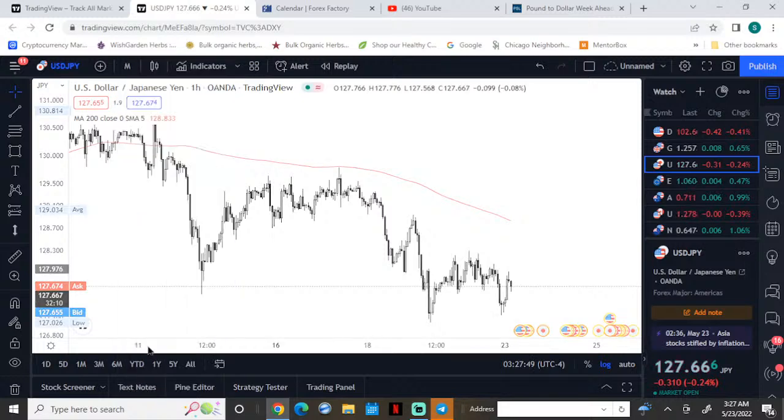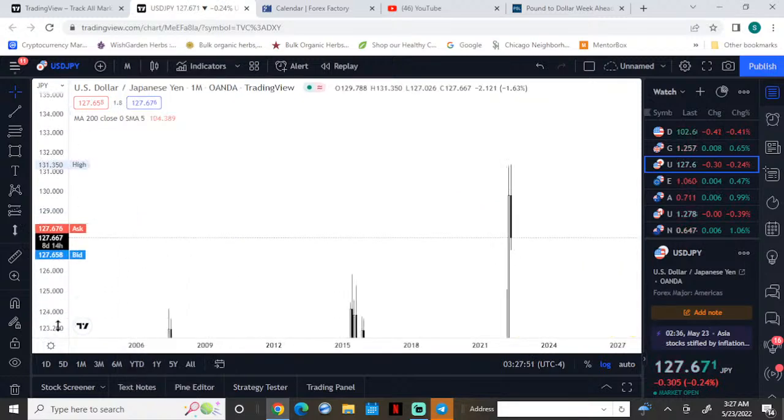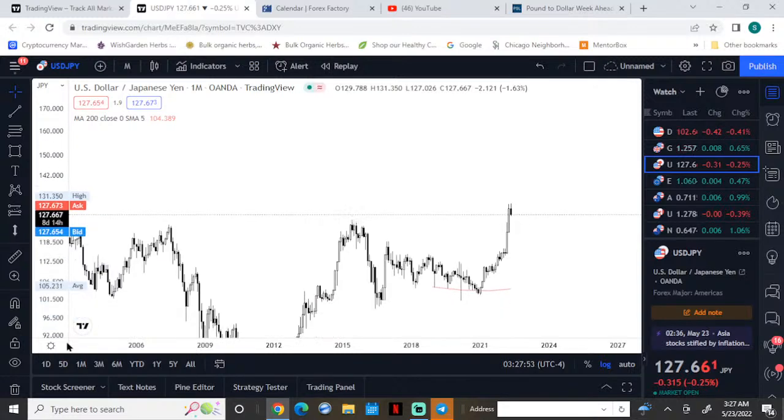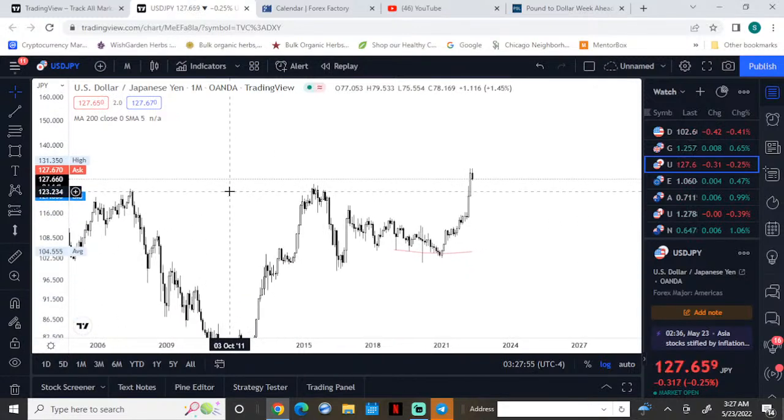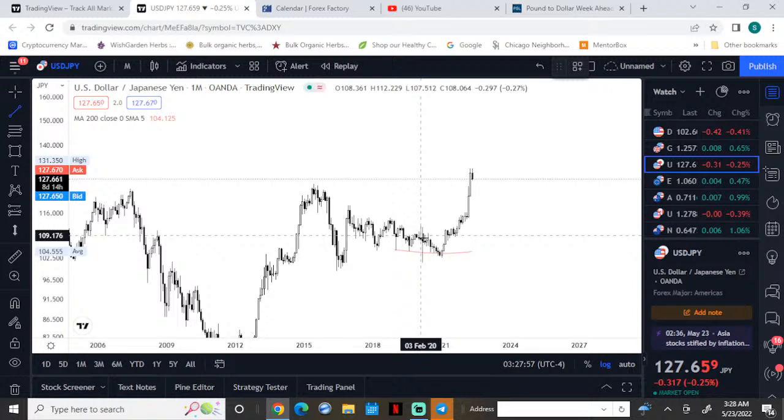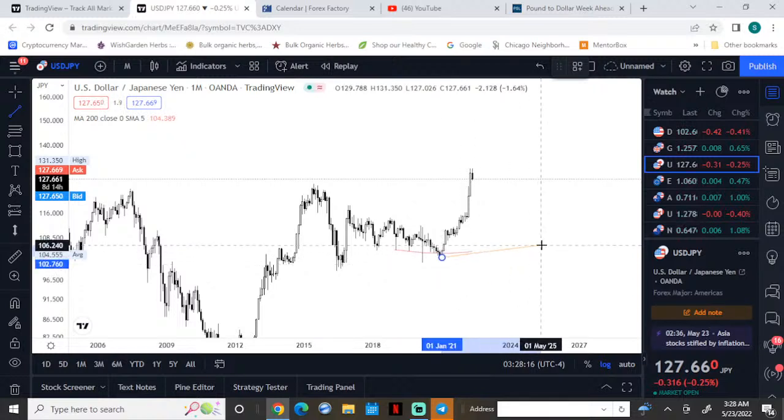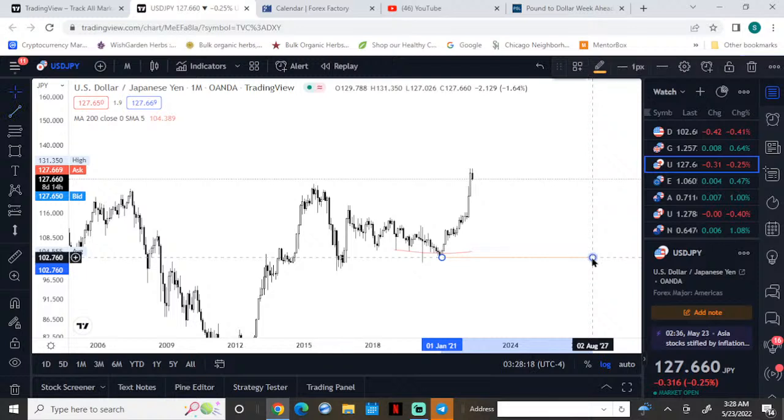I'm gonna do the same thing with our top down, go to the monthly. We'll mark the low and the high on my monthly. So this low is from March 2nd, 2020. And I'm gonna go with this one, January 1st, 2021.